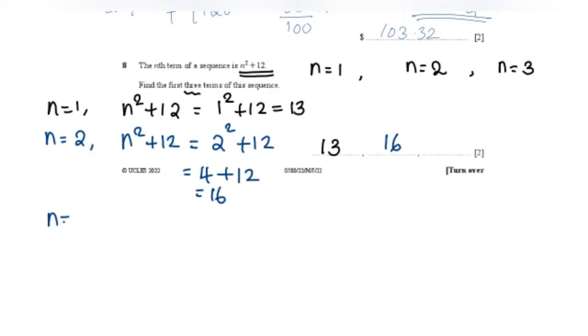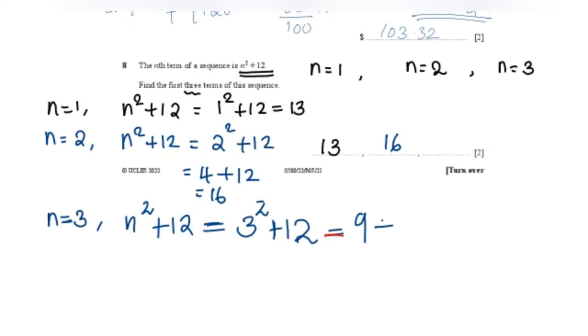When n is equal to 3, the expression n square plus 12 will become 3 square plus 12, which is 9 plus 12, which is equal to 21. Thus, the first three terms of the given sequence are 13, 16 and 21.